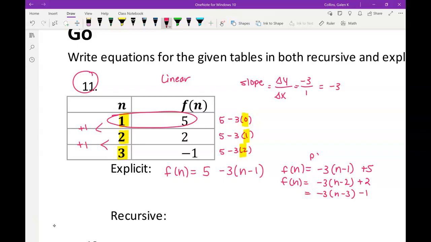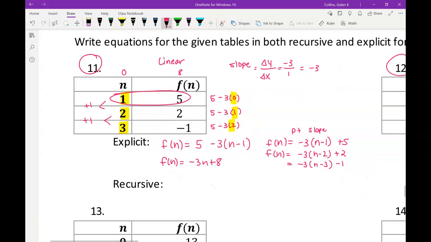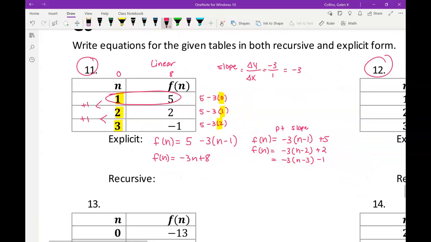So these are all different versions of the same equation in point slope form, or you might have gone back and found the y-intercept. If I worked backwards and added a 3 to that, I could say f of n is -3n plus 8, or 8 minus 3n. All right, so there's a bunch of explicit equations. You only need one, but I thought this was a reteachable moment.